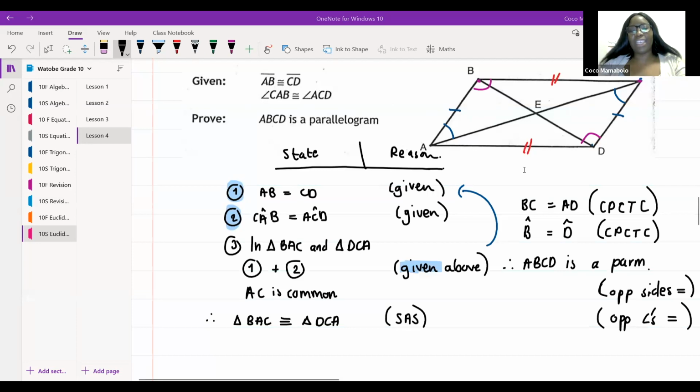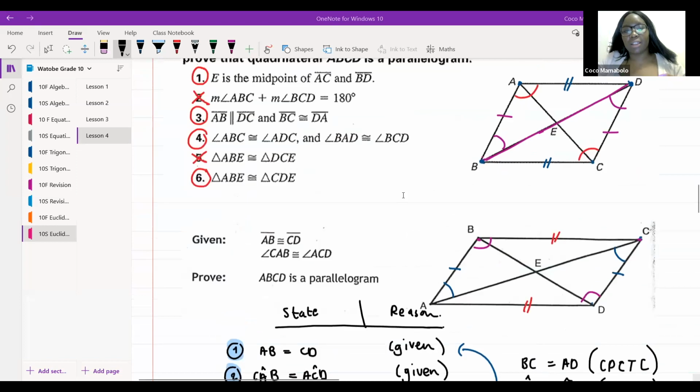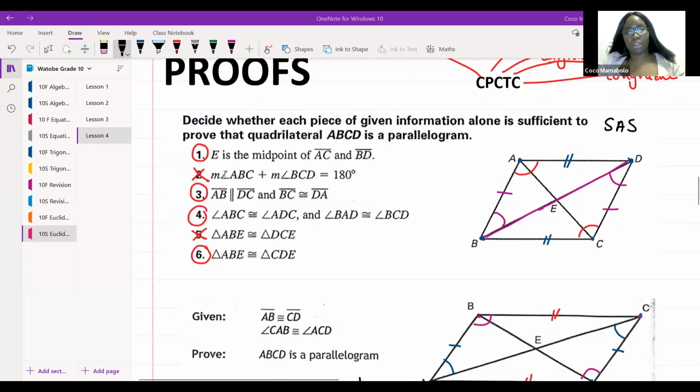How do we know how many reasons we must have, like for this congruency? Just until you have enough properties to make sure that it's a parallelogram. Remember, we looked at this part over here at the beginning.